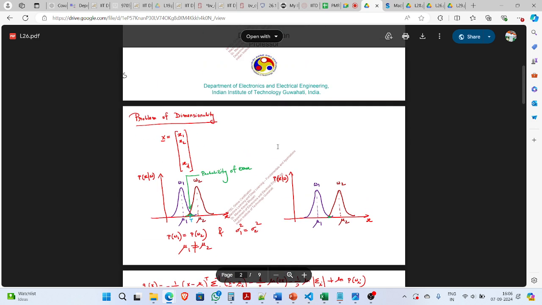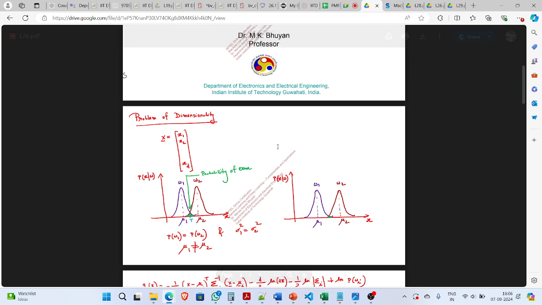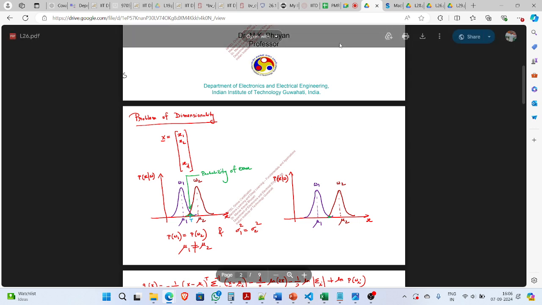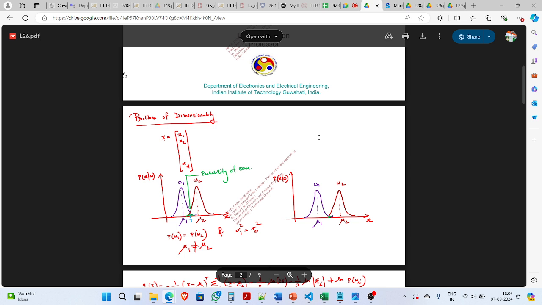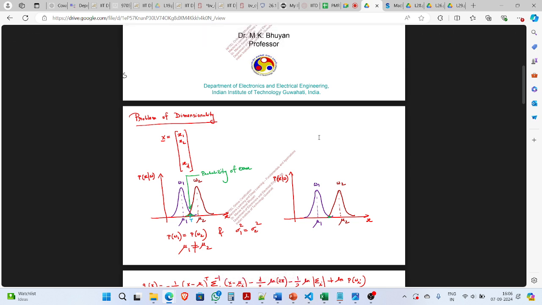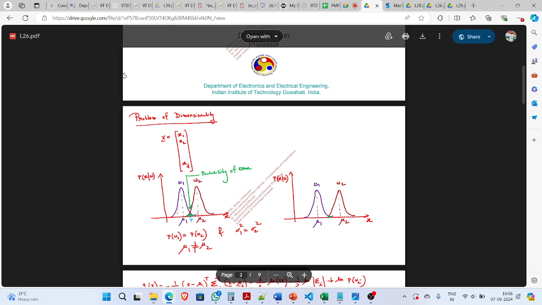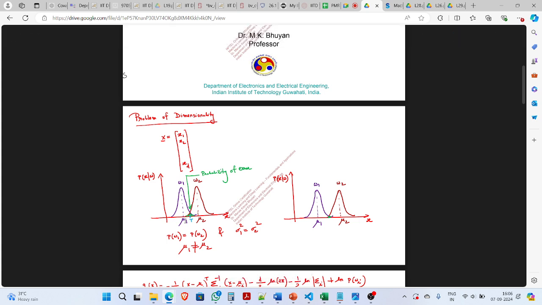Okay, so as you can see, the problem first of all is that at a specific dimension, the classes may not be separable. So there is a problem of separability. The data sets converge, overlap.